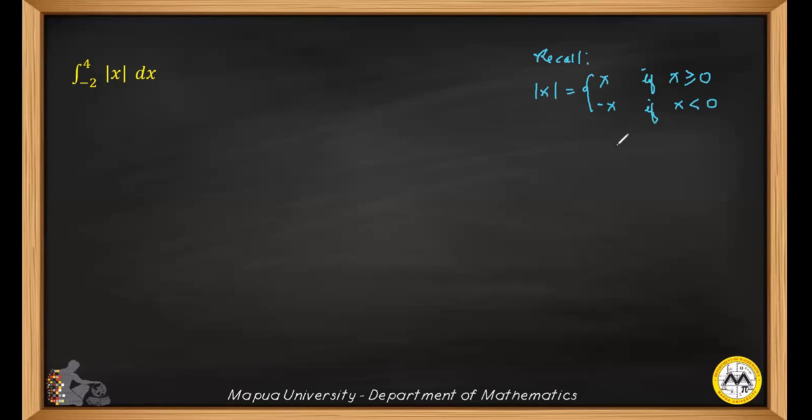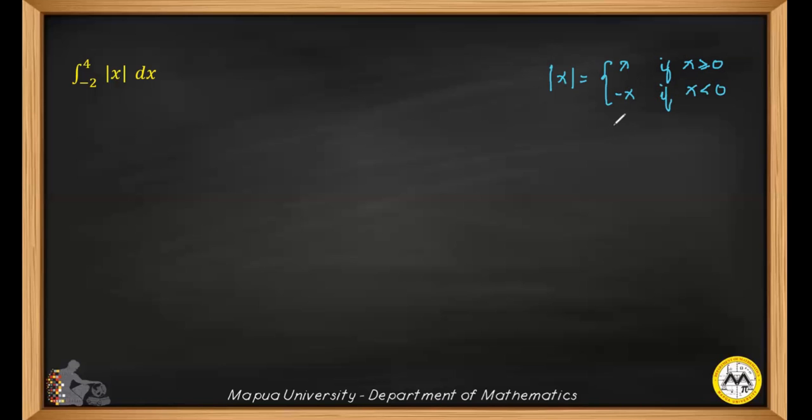Now we can actually look at this as area under the curve. So we have absolute value of x is equal to x if x is greater than or equal to 0 and negative x if x is less than 0.